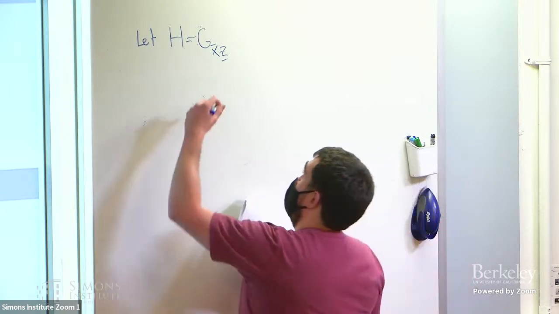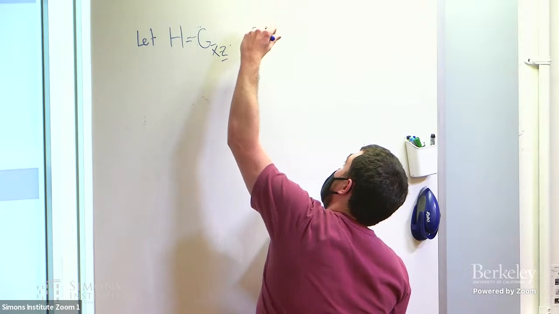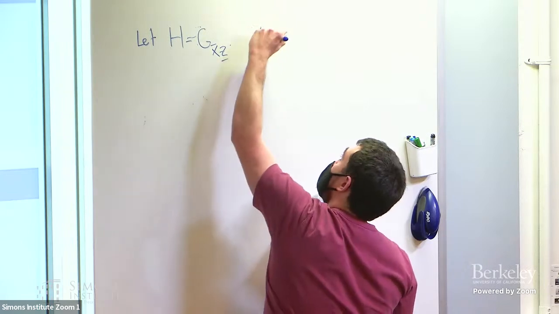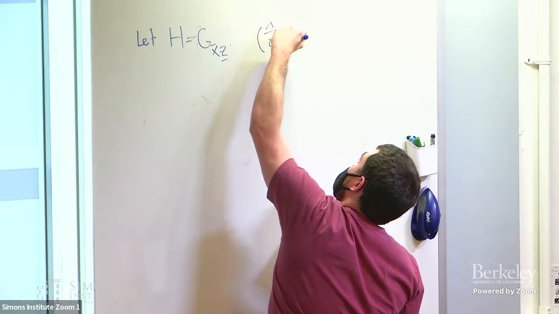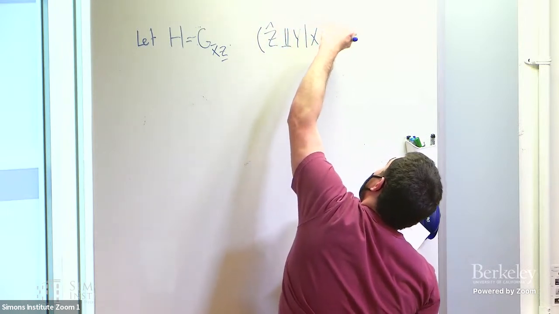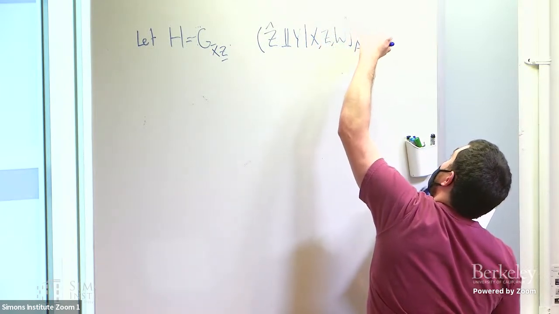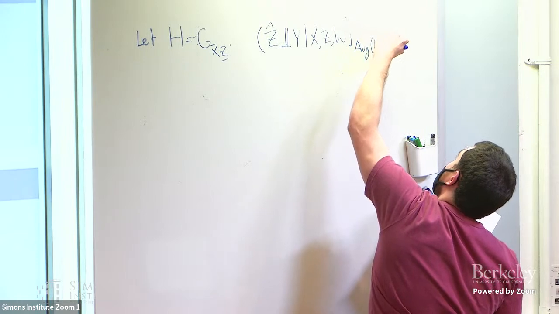So we now know that Z hat is independent of Y given X, Z, and W in this augmentation of H with respect to Z.